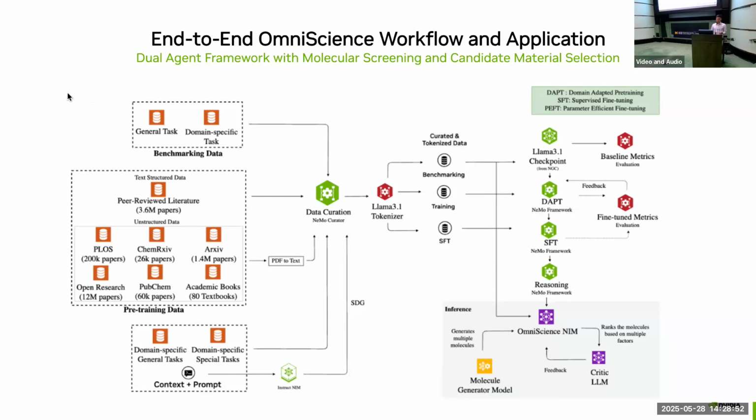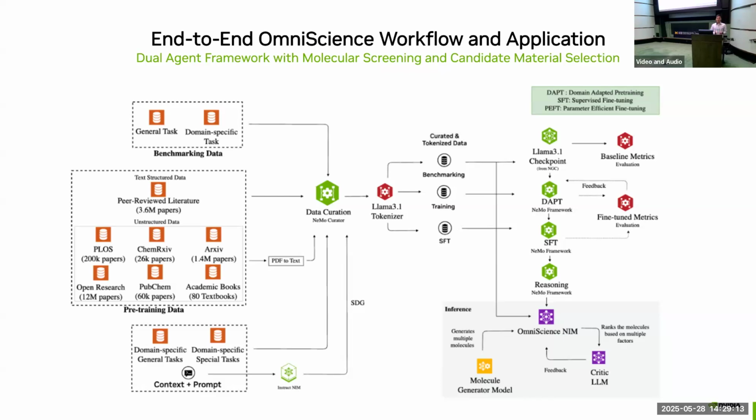In this example, it's peer-reviewed literature, arXiv, ChemRxiv, these sorts of things, textbooks, and we can split our data set into some benchmarking data, as well as select a little bit of data to use to generate a supervised fine-tuning data set. All of this can be facilitated with NeMo Curator.